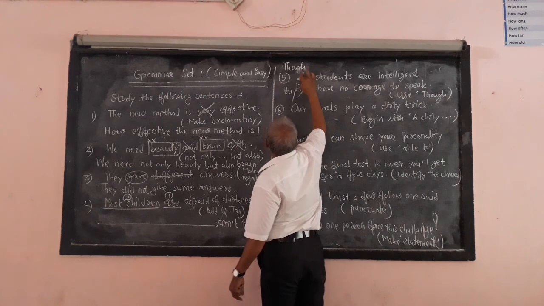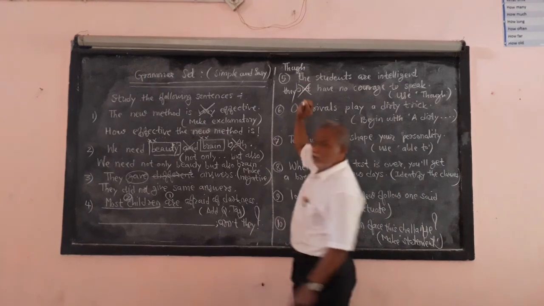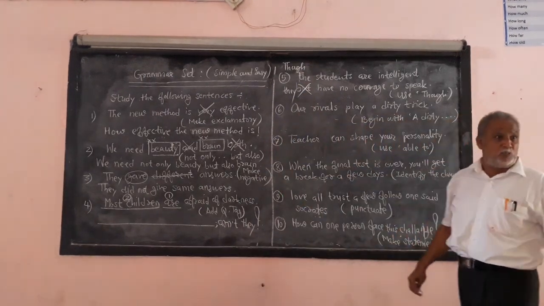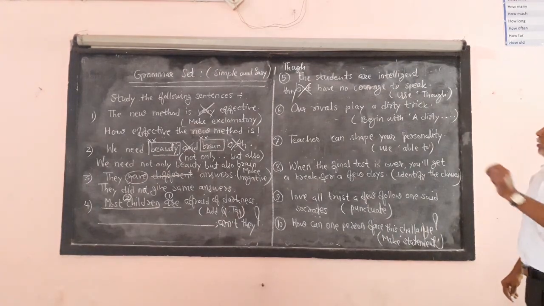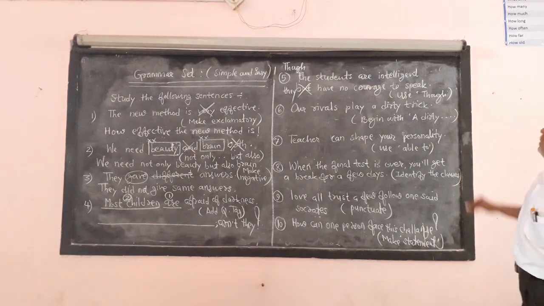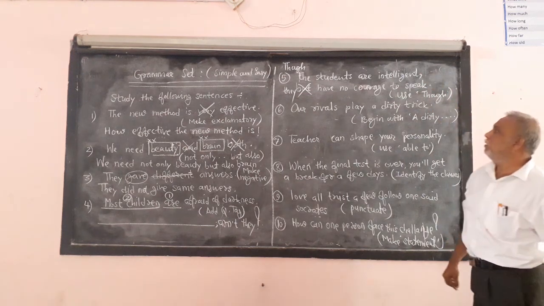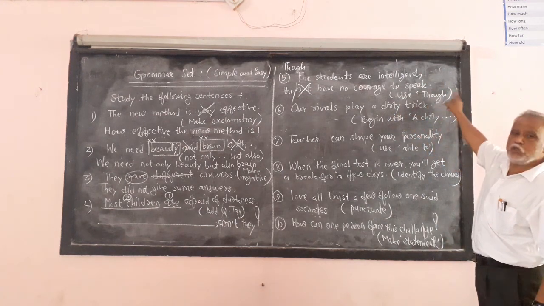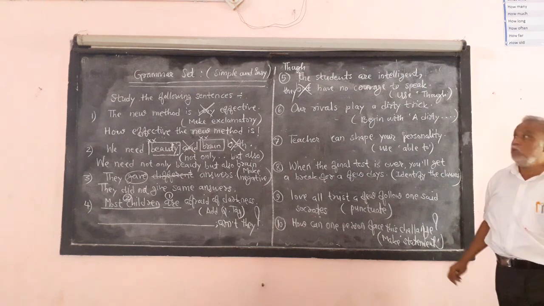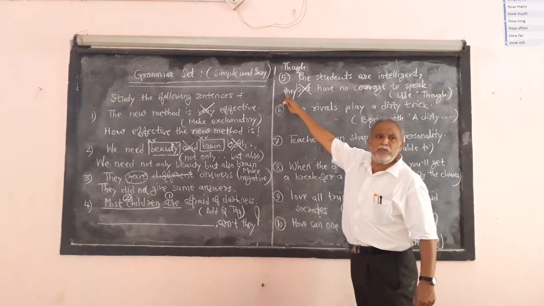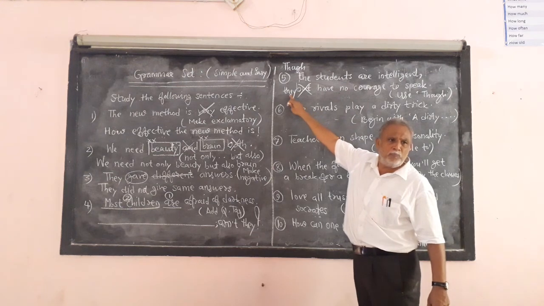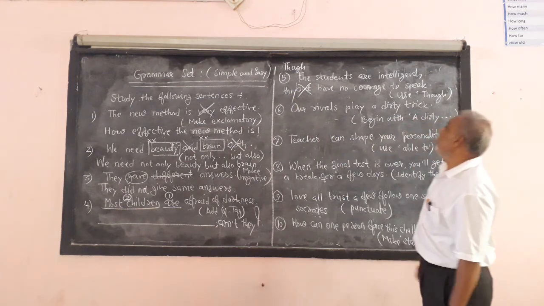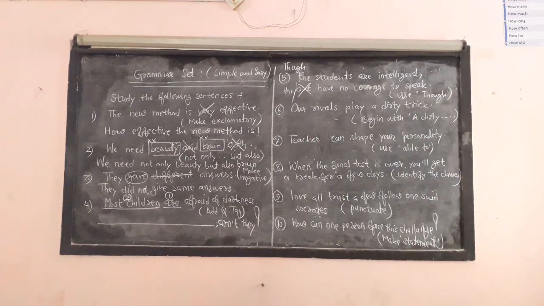Though, T capital and the rest small. Though the students are intelligent, place a comma, they have no courage to speak. The second-time subject is not given, so I use the students in pronoun form. That is they.